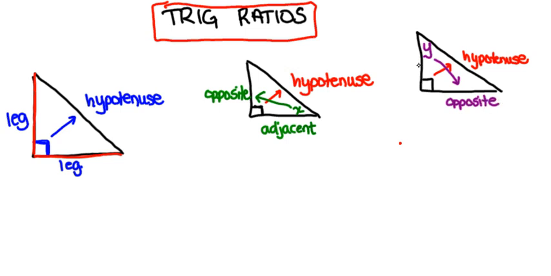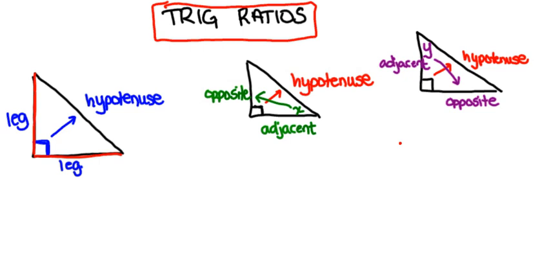And by process of elimination, this leg that's attached to angle Y would be the adjacent. So when I'm finding the names for those sides, I always do the hypotenuse first, the opposite second, and the adjacent third.